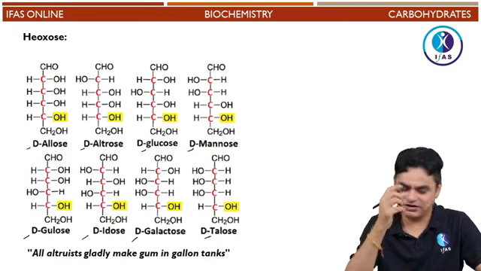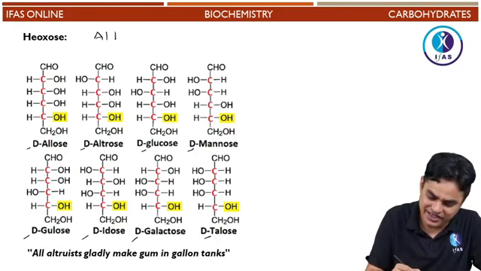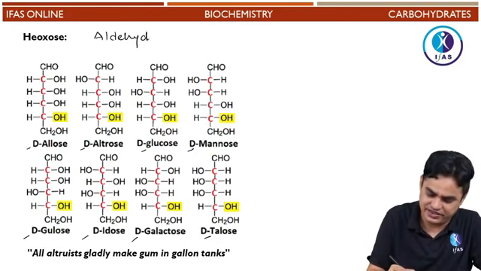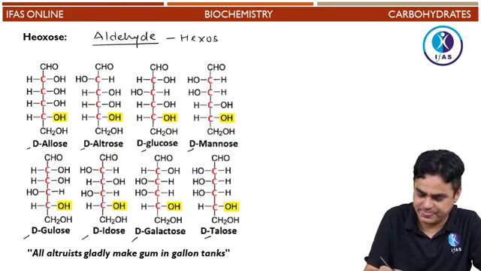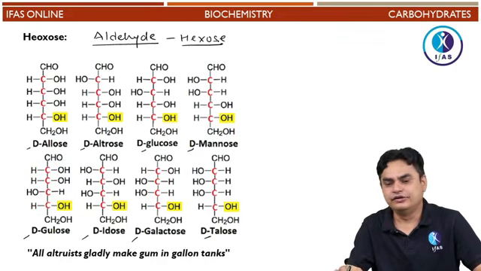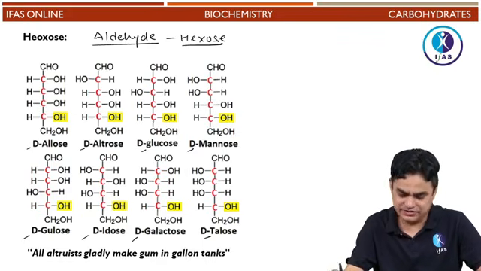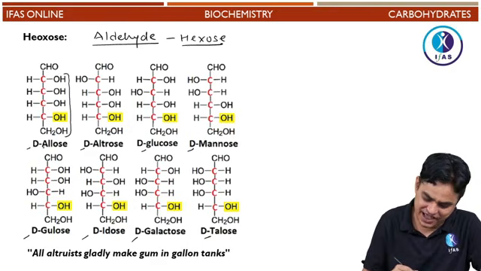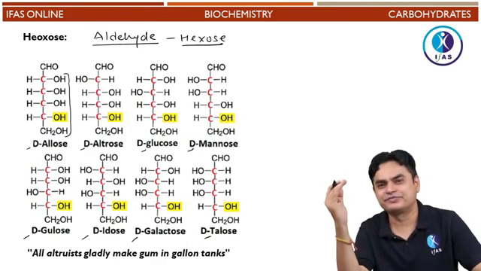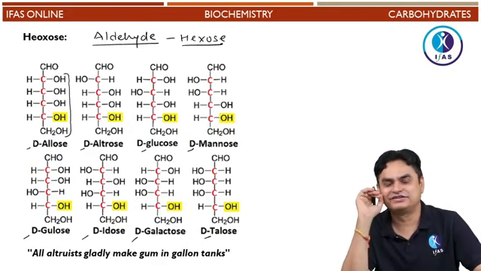So these are the aldehydic hexoses. Out of all these structures, the simplest could be D-allose, because all the OH groups in D-allose are on the right side.